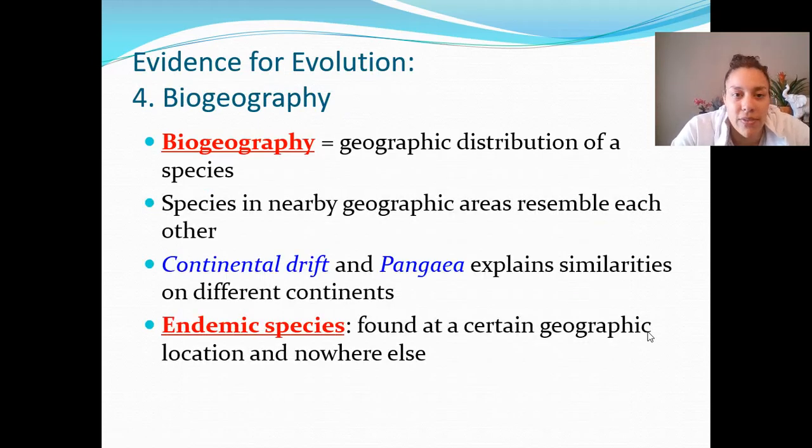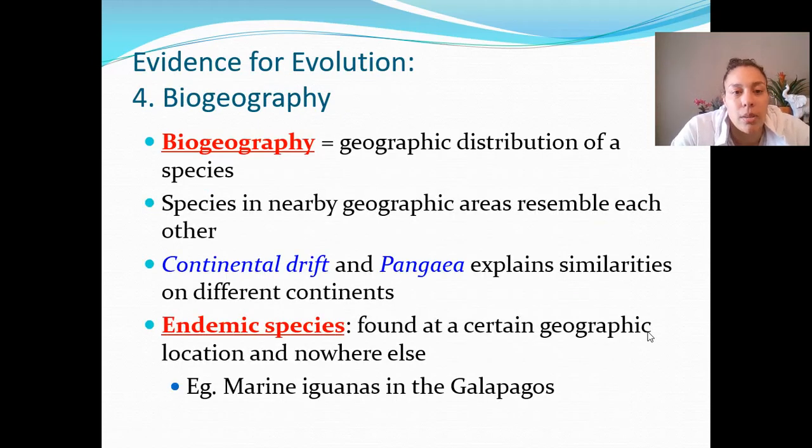And here's our last piece of evidence for evolution, which is called biogeography, just looking at the general geographic distribution of species. Like before, when we were talking about those analogous structures, we can have these different geographic areas and still have species resemble each other, even though they may not have interacted directly, or perhaps they were once together in the same geographic location, and then through some natural events, different islands were made that caused them to separate out.